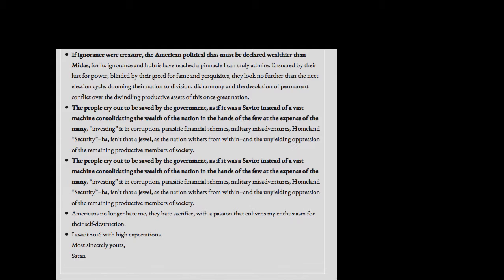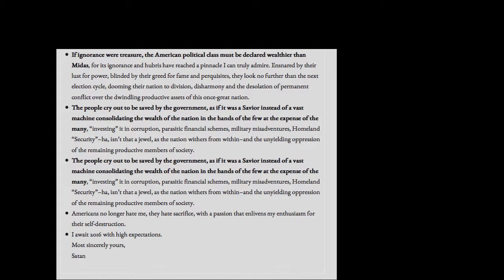Ensnared by their lust for power, blinded by their greed for fame and perquisites, they look no further than the next election cycle, dooming their nation to division, disharmony, and the desolation of permanent conflict over the dwindling productive assets of this once great nation.